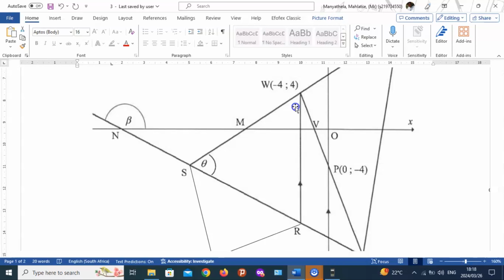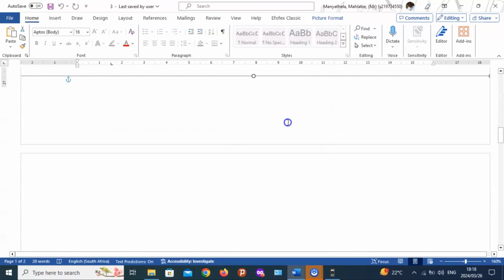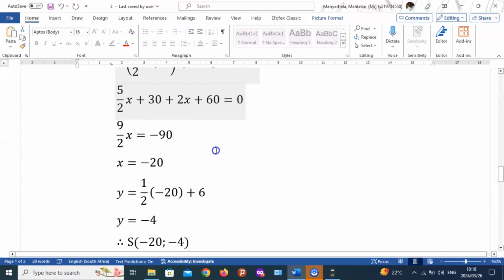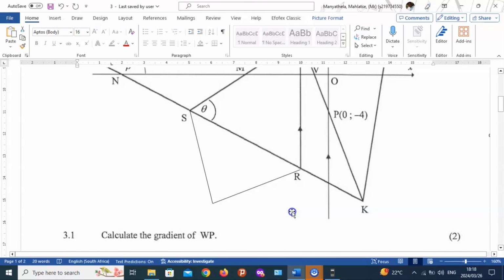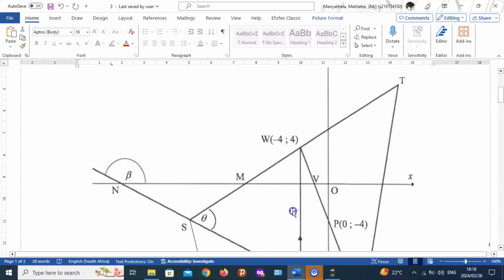Remember, we calculated the coordinates of S being -20 and -4. So we can plug into the formula for the distance.